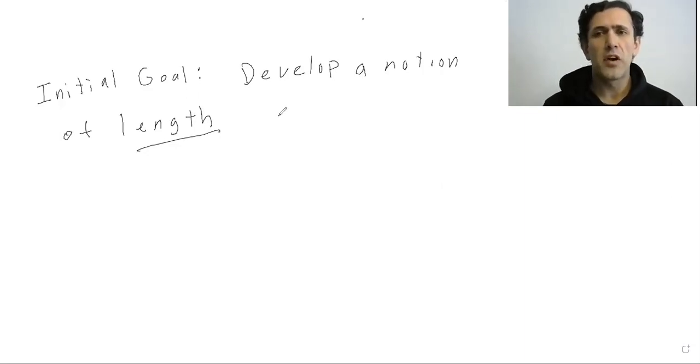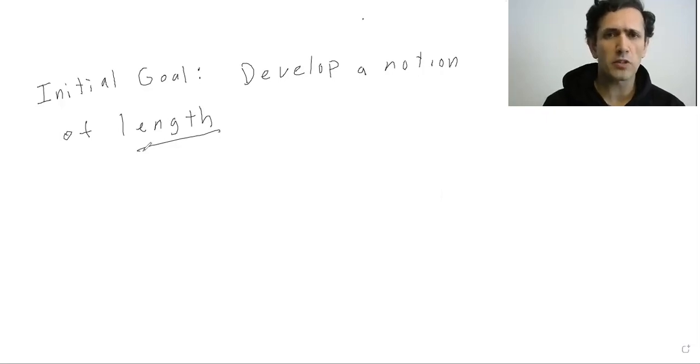More generally, it would be nice to develop a notion of area for all subsets of R2, or a notion of volume for all subsets of Rn for an integer n. In this course, we'll stick with the real line, just like the book does.